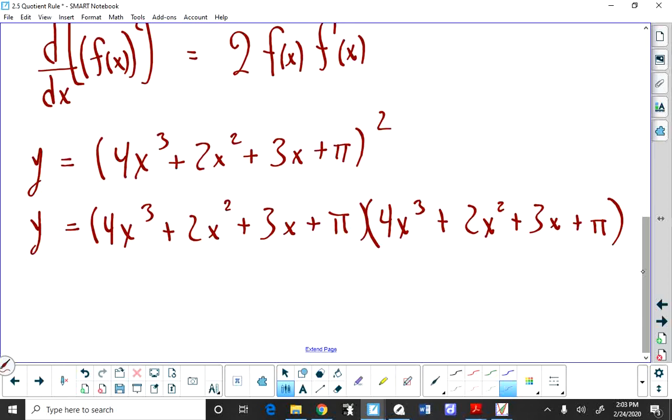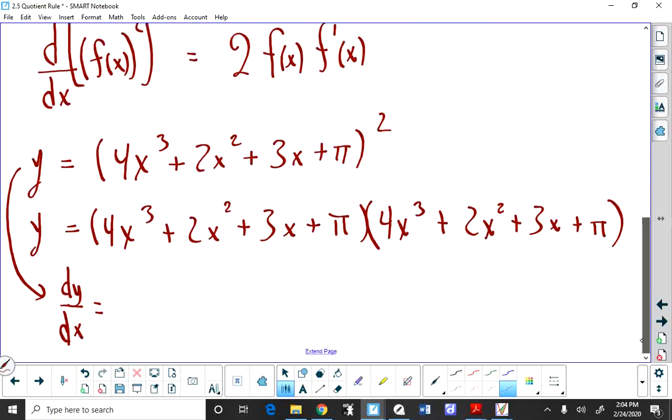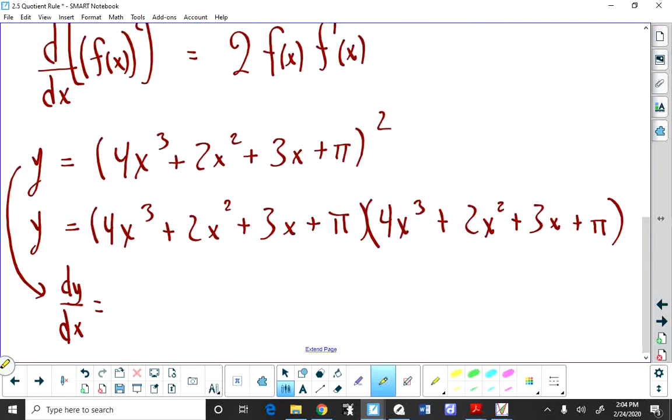Or you could use this rule, and I'm going to present the rule to you in a different way. Remember that we said the derivative of the square of a function is 2 times the function times the derivative of it. I'm looking here, not at this mess below there.